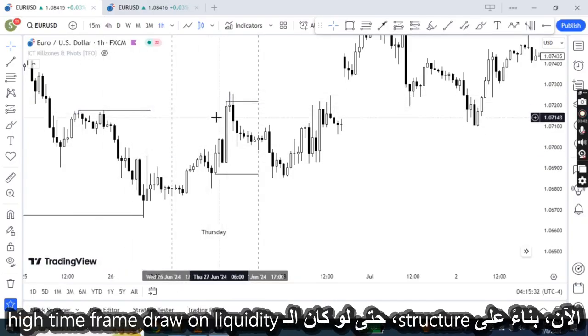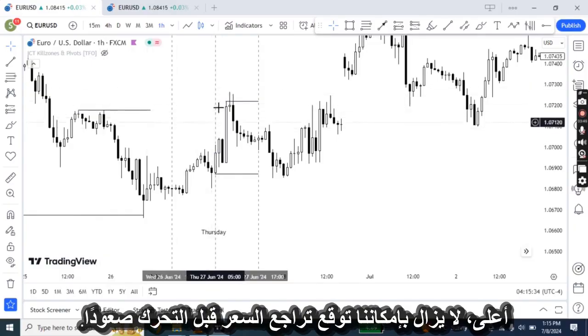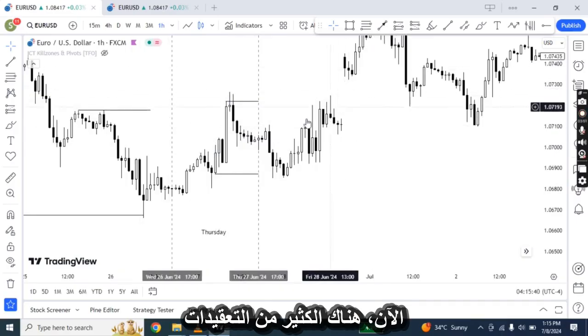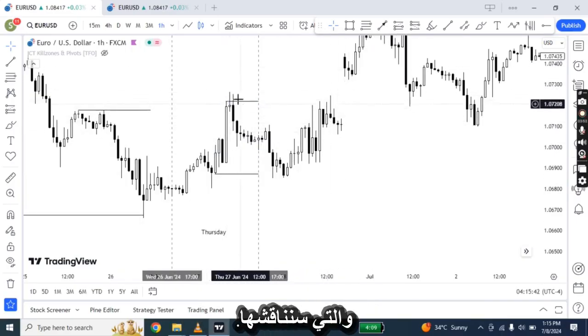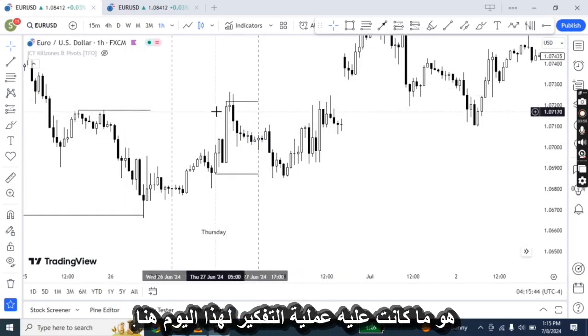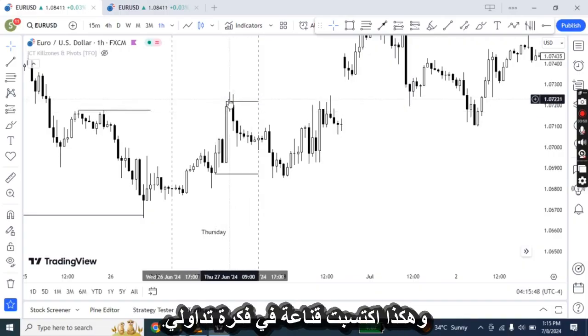Now based on structure, even if our higher time frame draw on liquidity is higher, we still can expect price to retrace before moving higher. Now there's a lot more intricacies and details in structure which we'll discuss, but this is the thought process for this day right here, and this is how I gained conviction in my trade idea.